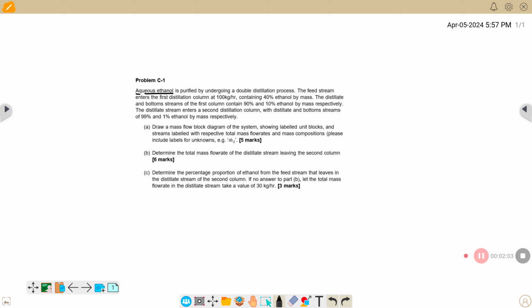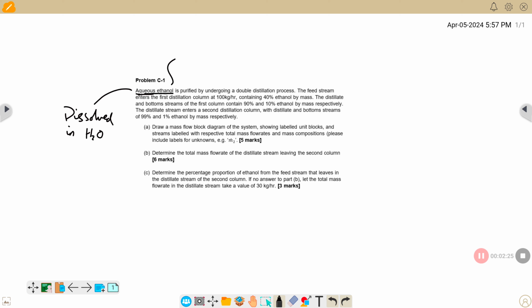Immediately, some students might know what this means. Aqueous just means dissolved in water. Let's call it H2O. And ethanol is an alcohol with 2 carbons in it.